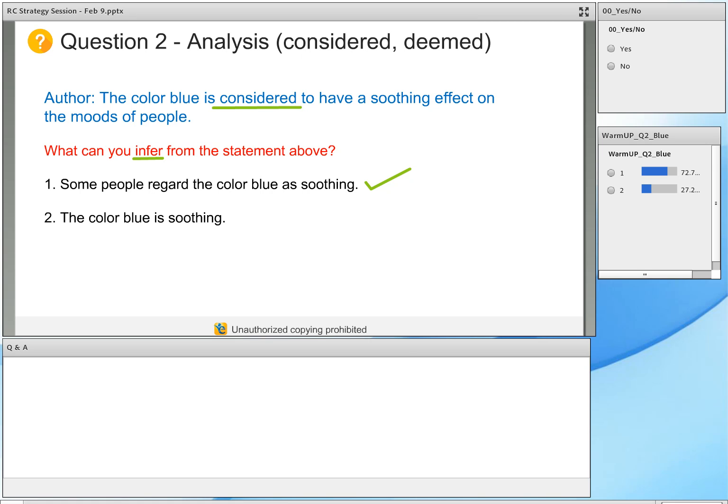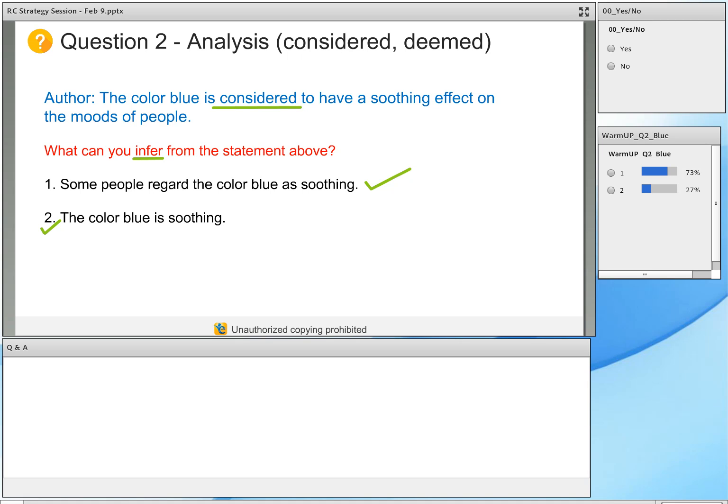He thinks that the color blue is soothing. If that were the case, you should have inferred choice 2 to be correct. We'll talk more about this in the subsequent slide, but let me tell you here.